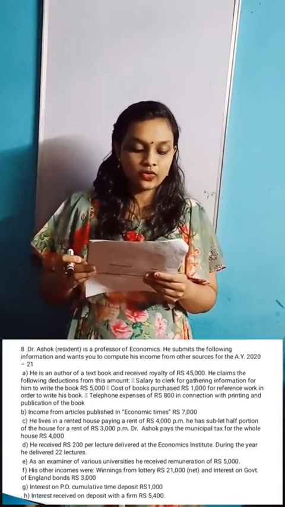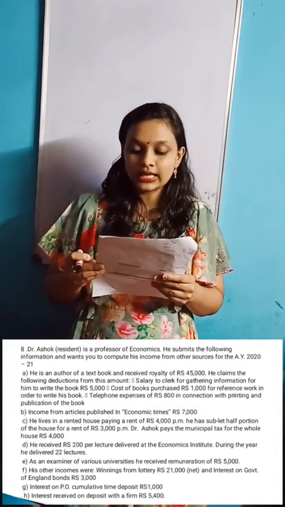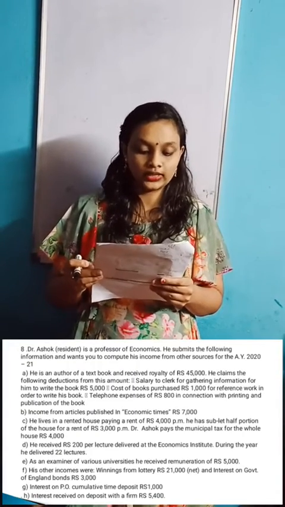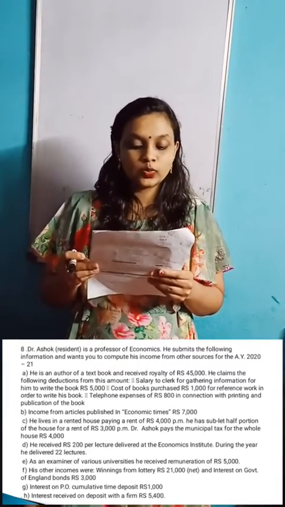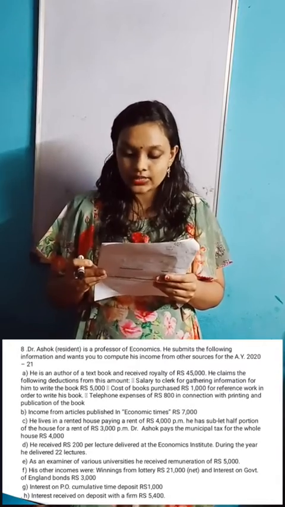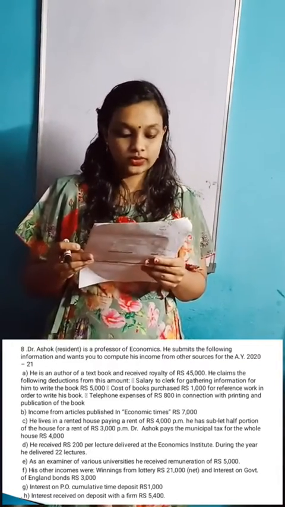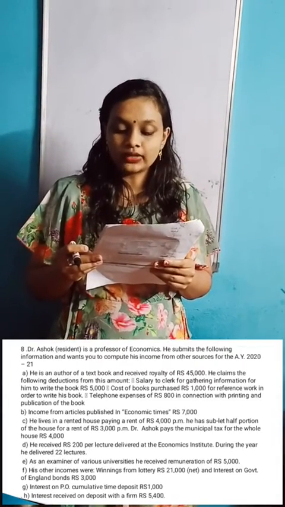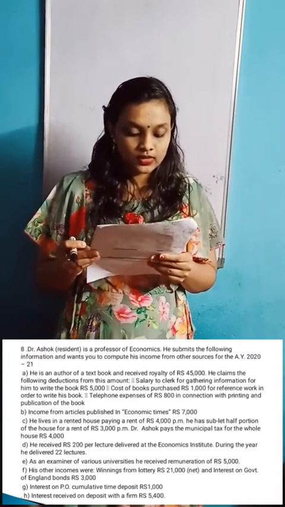Dr. Ashok, resident, is a professor of economics. He submits the following information and wants you to compute his income from other source for the assessment year 2020-21. He is an author of a textbook and receives royalty of rupees 45,000. He claims the following deductions from his amount. Salary to clerk for gathering information for him to write the book, rupees 5,000.